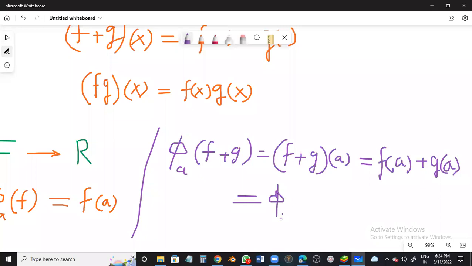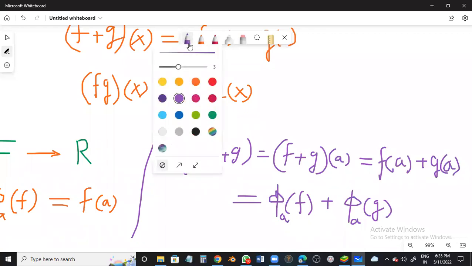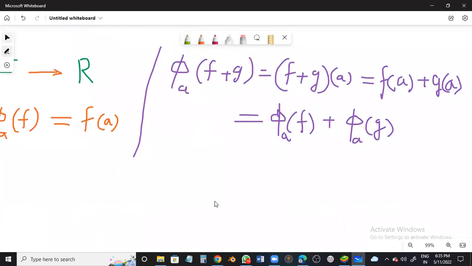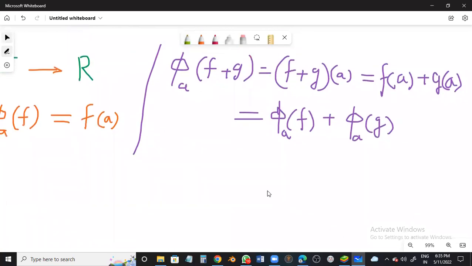Yes, so this is phi A of F plus phi A of G. So what we have shown is that phi A preserves addition. Under phi A, the image of F plus G happens to be the sum of the images.